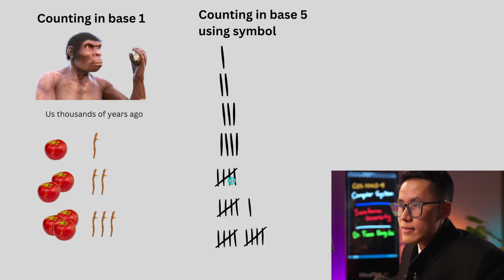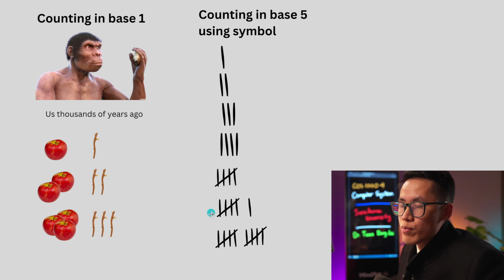Instead of putting another stick, I will just put the last one across the 4 different sticks. Because this is base 5, if I want to go from 5 to 6, I will need to repeat the pattern. The pattern will be 4 sticks with a dash, which represents number 5, and then I use the symbol for 1, which is over here.